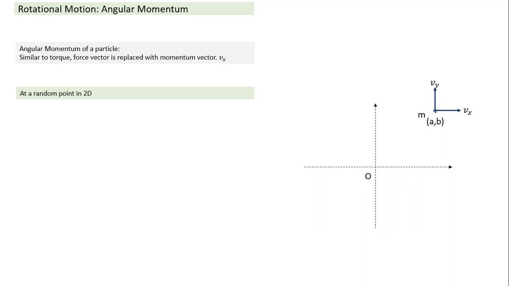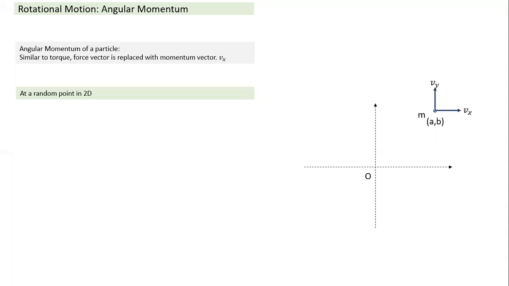Angular momentum is also a vector quantity, so we can use the property of vector resolution. We have broken velocity into two components, so momentum is also broken into two components. What is the momentum in the x direction? It is m Vx. When we calculate angular momentum due to this component, we ignore the other part.